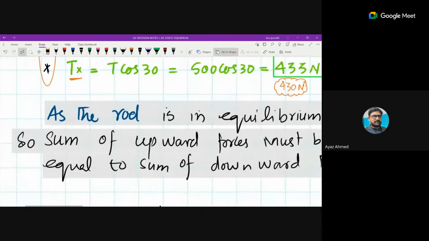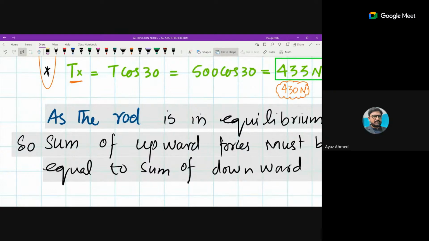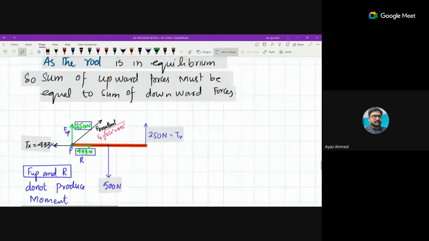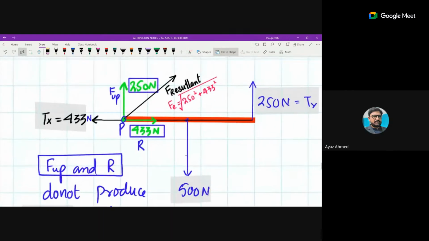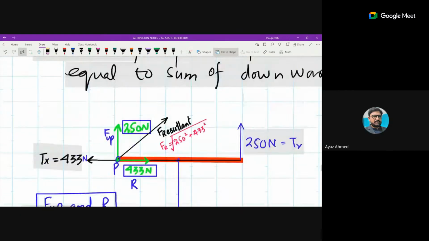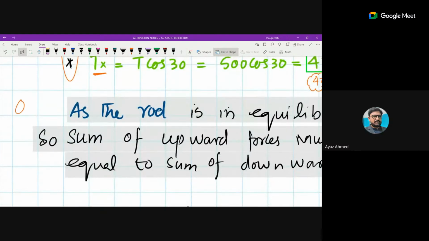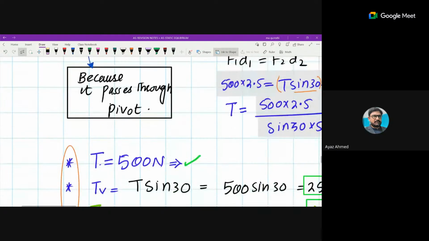As the rod is in equilibrium, the sum of upward forces must be equal to the sum of downward forces. So if I give you this condition, this is a question in exam, that as the rod is in equilibrium, then according to the rule of forces, it is not.